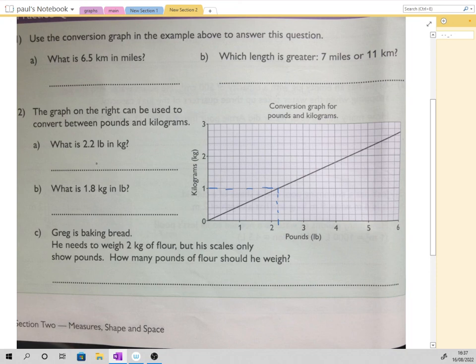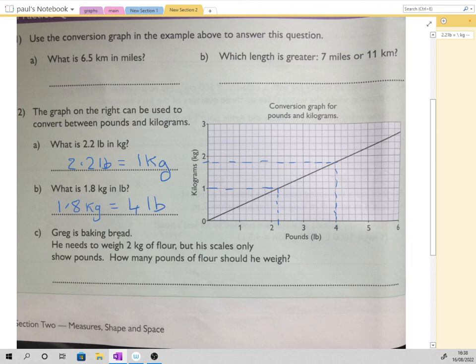So 2.2 pounds equals 1 kg. What is 1.8 kg? Go along till you get to that one and then go down. Oh, they picked out nice numbers there. So 1.8 kilograms equals 4 lbs.